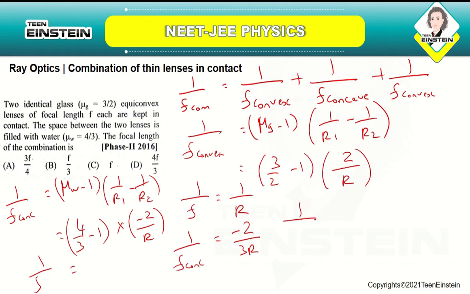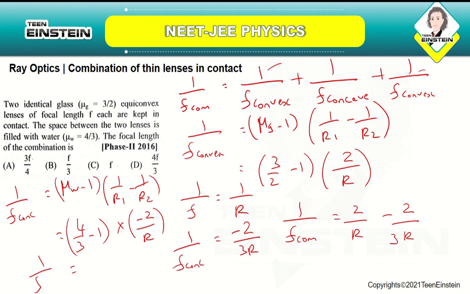Now, you will find out the total combination, which is equal to 2 by r minus 2 by 3r. Okay, sorry, it is 2 by r for the two convex lenses, because you will be having 1 by r over here, this is 1 by r and this is 1 by r. So, if you add that, you will be getting 2 by r.